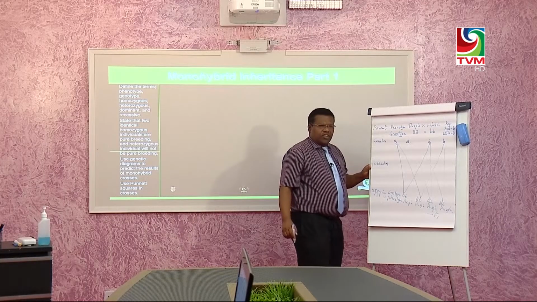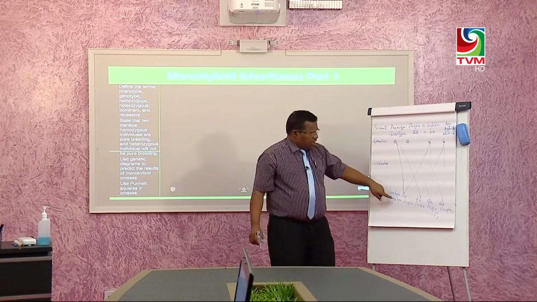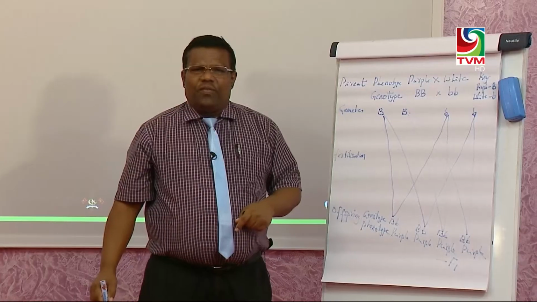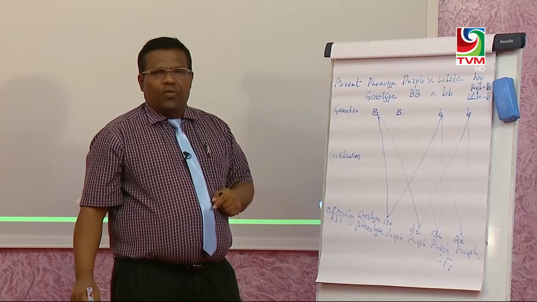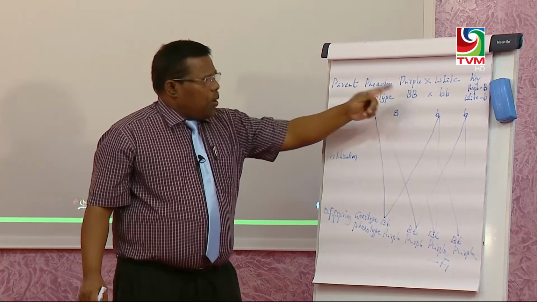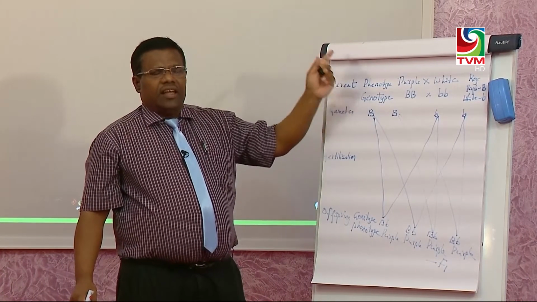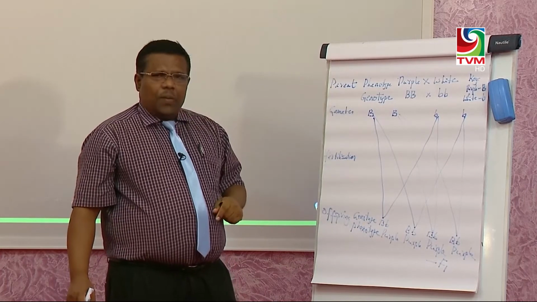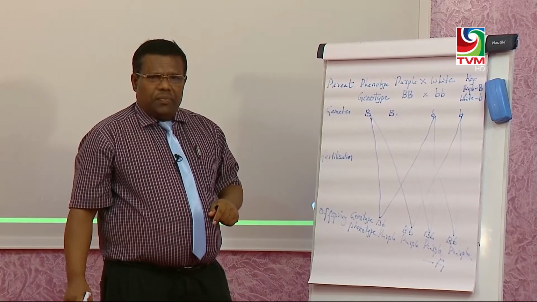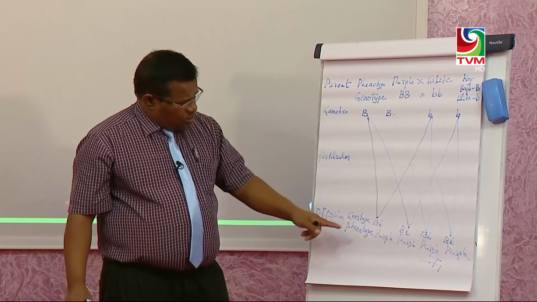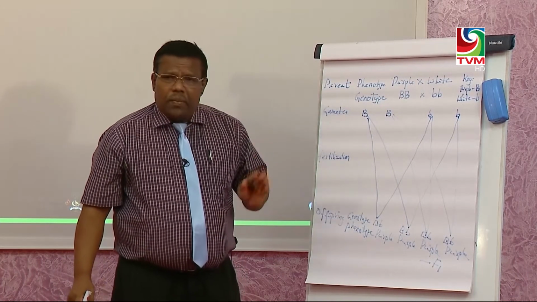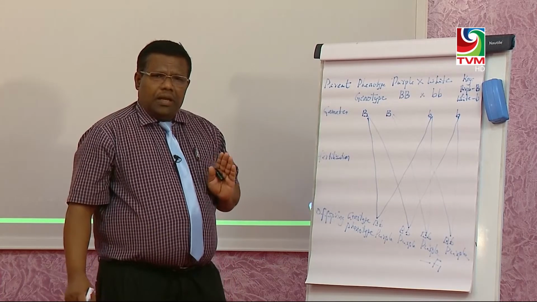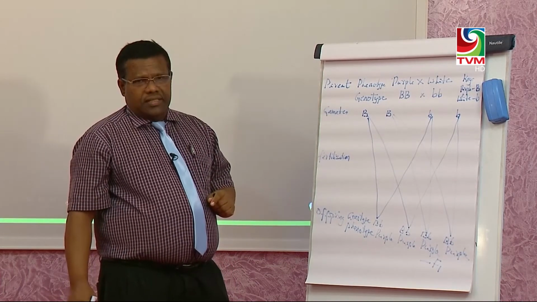And in the F1 generation, all the plants are of one feature. That means that feature is the dominant one. So we are used to pure breeding types, and the character that is observed in the first generation will be the dominant type. So Mendel has got all the pea plants with purple flowers.